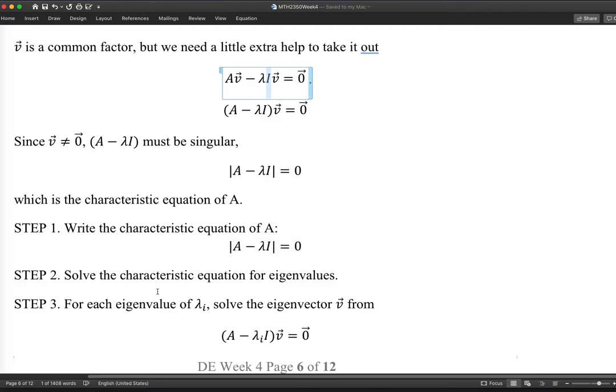Then you solve the characteristic equation for eigenvalues, because, as you note, it is just a polynomial equation. So we can solve for lambda from the polynomial equation, the lambda values or the eigenvalues.